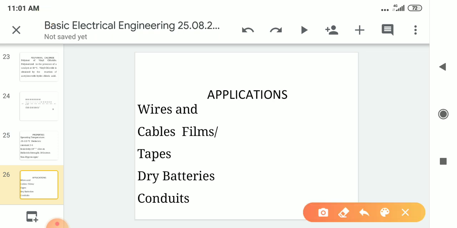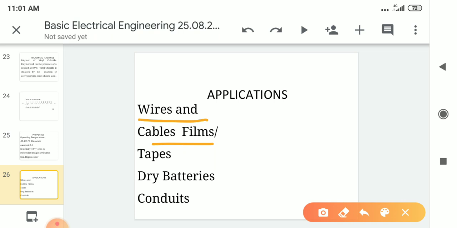So almost all the wires and cables are made using the insulation material PVC only, polyvinyl chloride. And at the same time it is used in dry batteries also. Overall in electrical wiring systems it is used as conduit pipes.